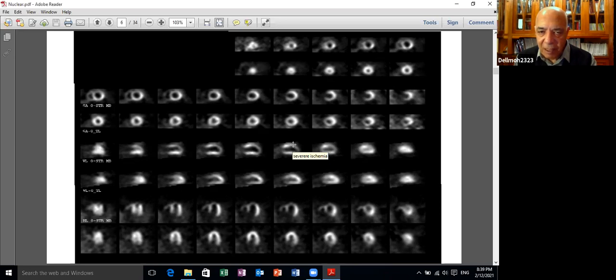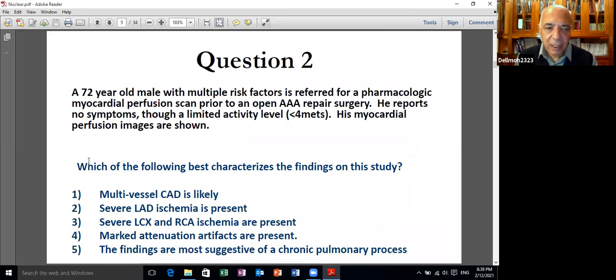So the septum, anterior, inferior wall, right ventricular dilatation, right ventricular showing up, and transient ischemic dilatation. So these are practically all the high-risk features in an MPI scan. So if you go back to the questions, a multi-vessel coronary artery disease is likely, and the other choices are incorrect.